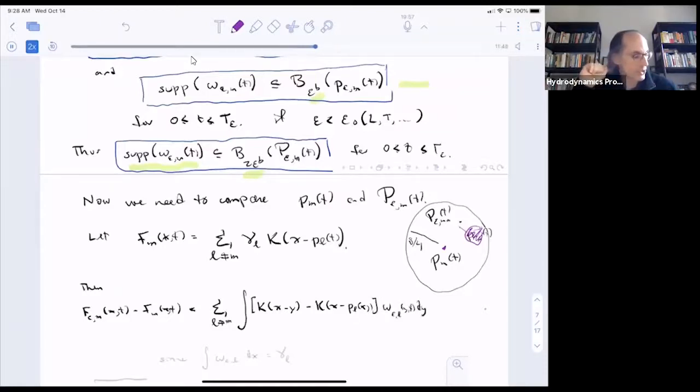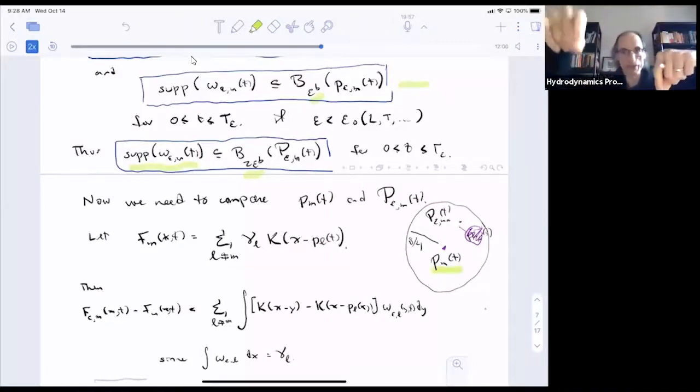Okay, so here's the claim. The point is, this P sub m solves the point vortex ODEs. There are a bunch of points. Each one generates a flow, and each one gets convected by the flow generated by its neighbors.